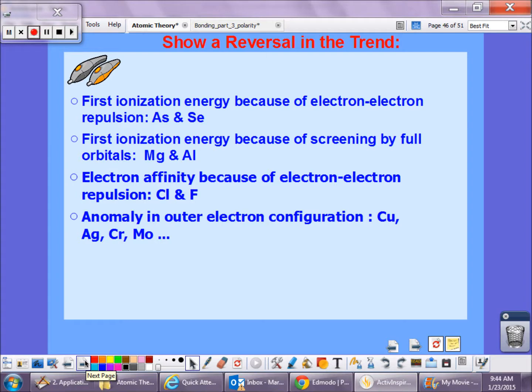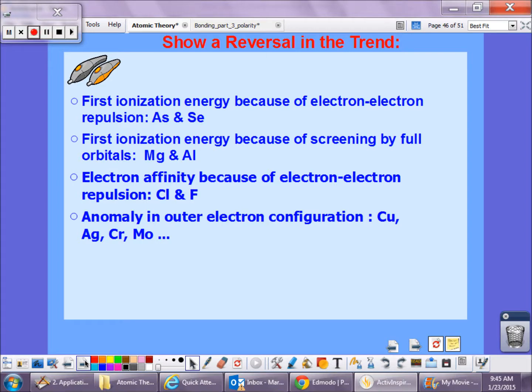Those are the exceptions. First, ionization energy decreases because of electron-electron repulsion. Take as an example As and Se: repulsion. Second, ionization energy decreases because of screening. Screening is when you go down a group, the core electrons screen the valence electrons.